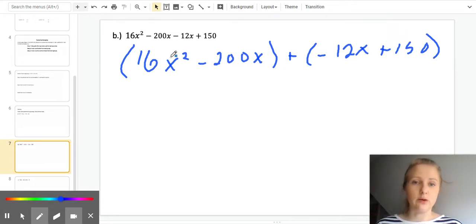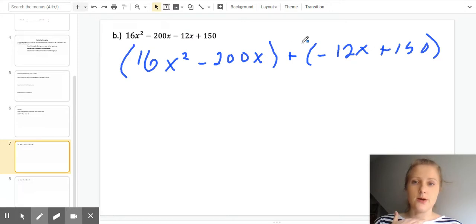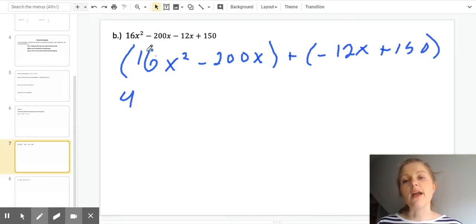So I did that thing again where I made this a plus just so I could keep everything the same. Just pointing that out. So this first set of parentheses, I can factor out a 4 from both of those. So let's do that. So 4. And then I also have an x squared here and an x here.